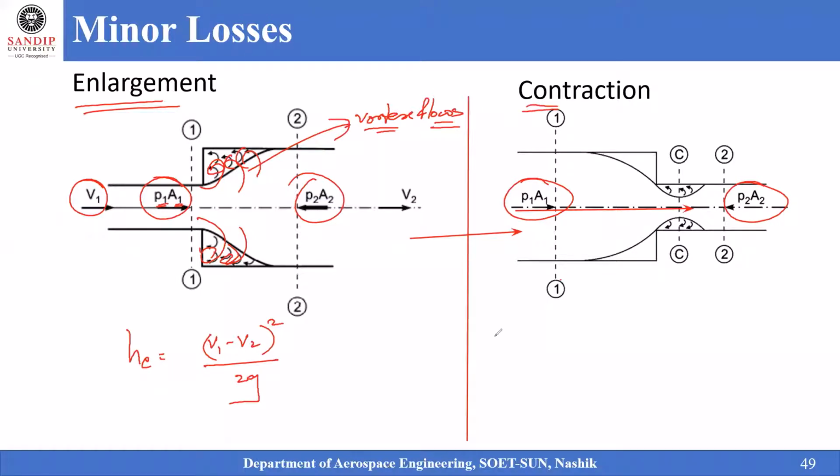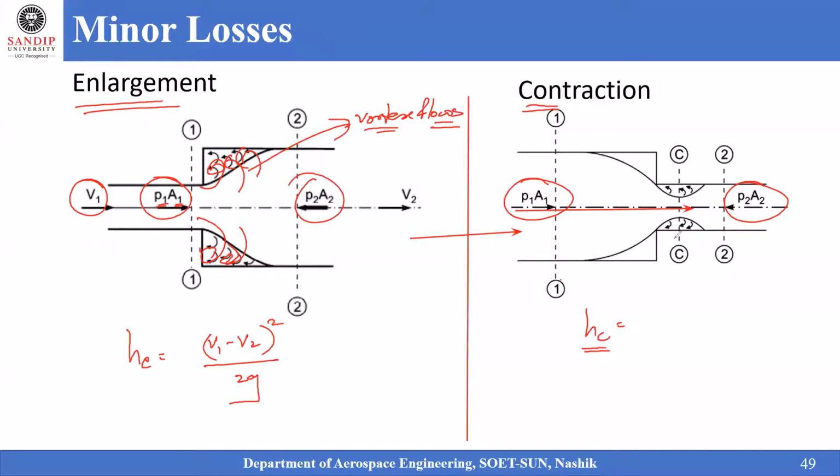We are already familiar from the previous videos that the Venturi meter and orifice meter have a vena contracta. So from that also we can obtain the head loss due to the contraction.